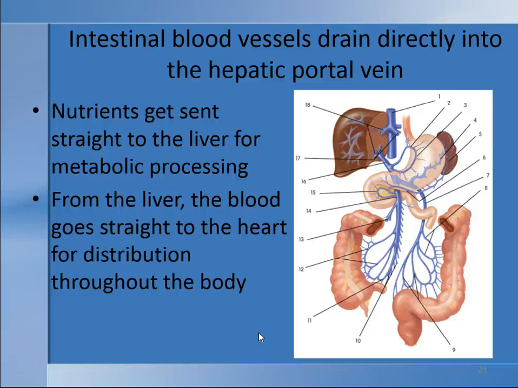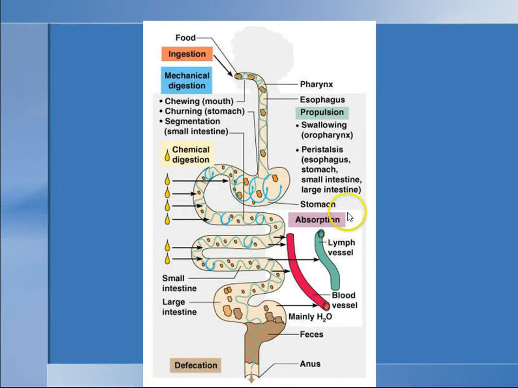It goes up through the heart to be distributed through the rest of the body, but the liver is that final processing place. So it's absorbed into the hepatic portal system and specifically the hepatic portal vein, and will go back up through the liver. Okay, when you start looking at the digestive system overall, you can see that it's going through that nice big tube. There's chemical, there's mechanical, a little bit of storage until you eliminate.